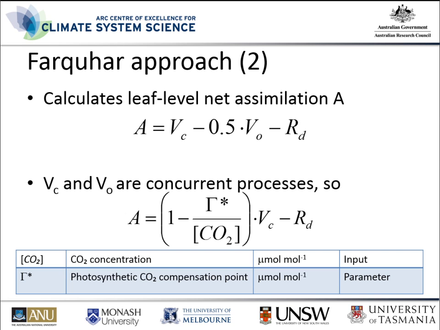Those two terms depend on the same enzyme, so we can summarize them as the difference between the total and how much is utilized to carboxylate, because that's what we're interested in. Okay? And this gamma star is the photosynthetic CO2 compensation point.